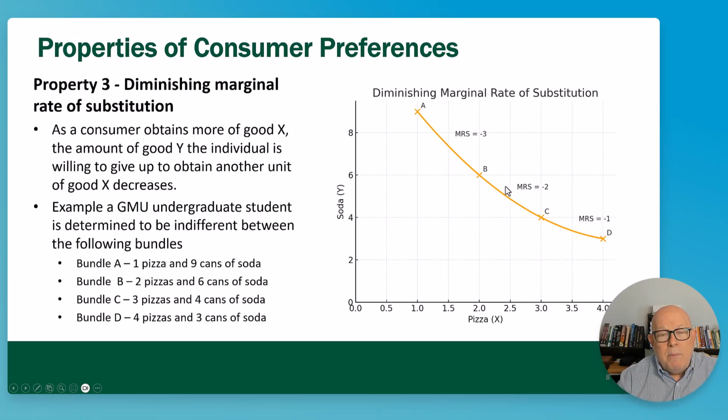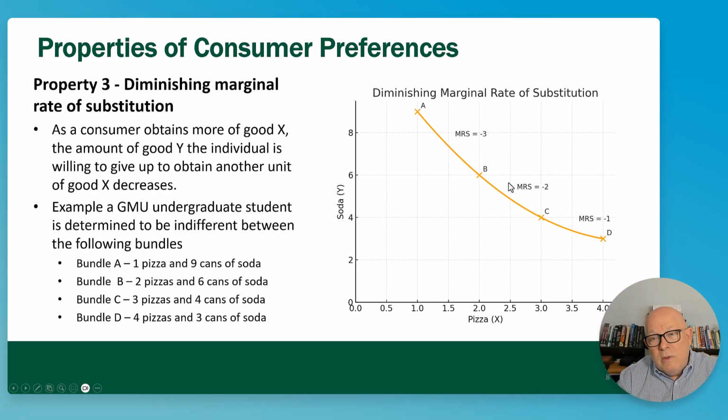But notice what happens if we move from B to C. We get 1 more pizza, but we're willing to give up only 2 cans of soda. So once we have a particular level of a particular good, then to get more of it, we're a little less interested. So we're willing to give up less of whatever our other possible choices are.